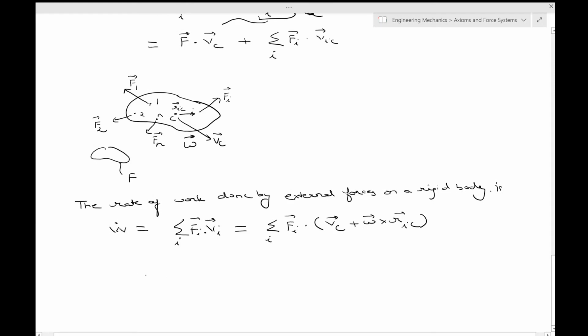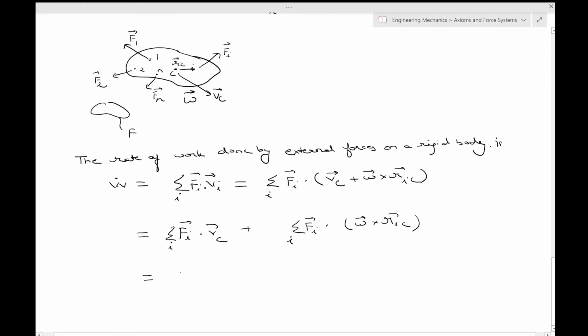Now this can be written as sum of Fi dot Vc, okay, plus sum over i of Fi dot (omega cross RIC).